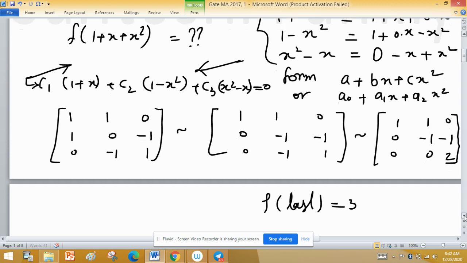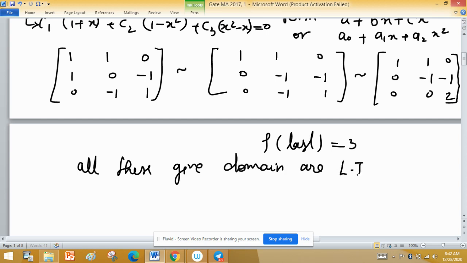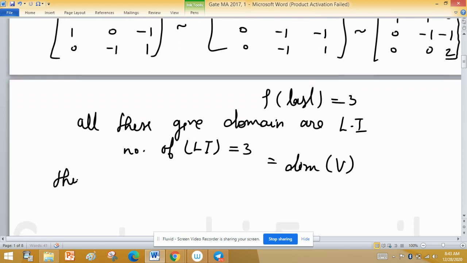So all these given domain points are linearly independent, and the number of linearly independent points is 3, which is equal to the dimension of the vector space V. So they form a basis.